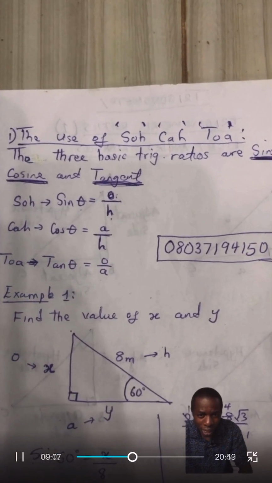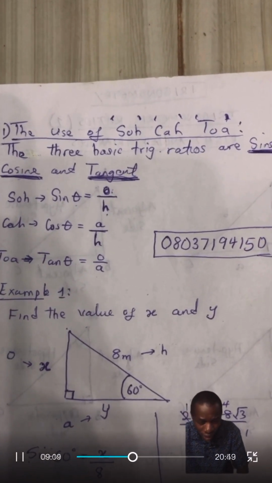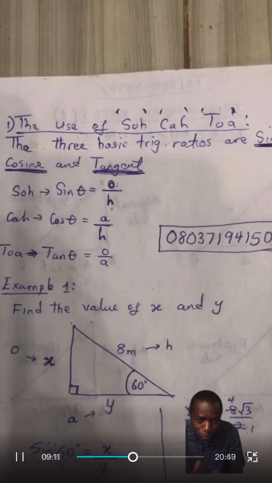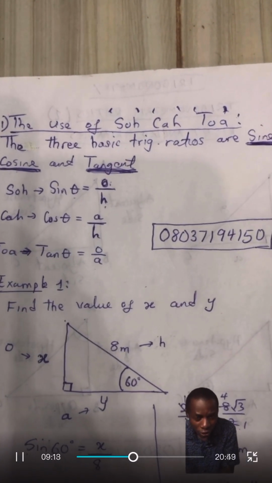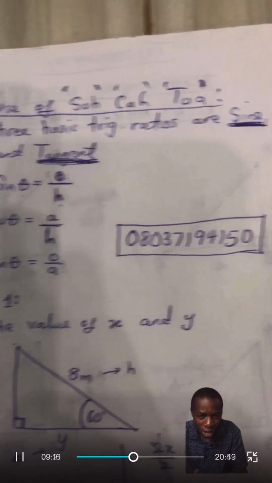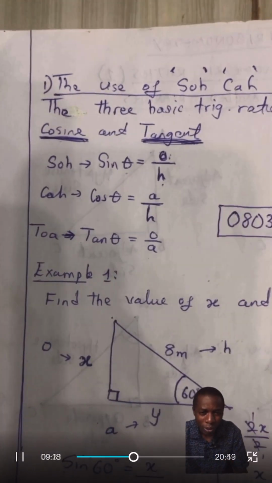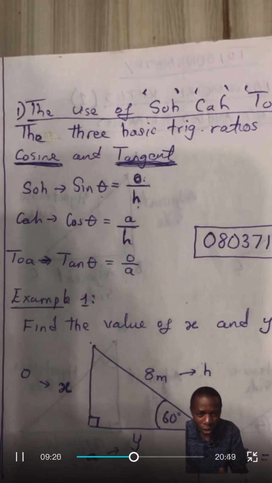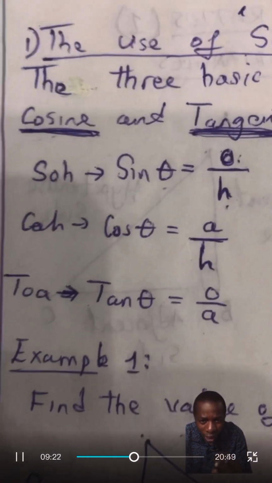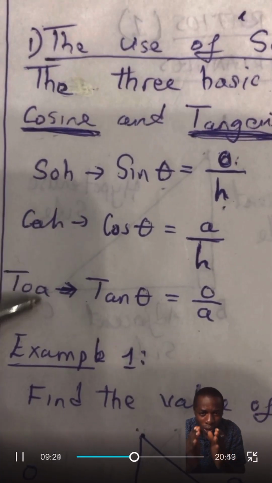All right, but that is beyond the scope of this class for now. So let us focus on these basic trigonometric ratios, which are sine of angle, cosine of angle and tangent of angle. Now let's go to the order, which is SOHCAHTOA.